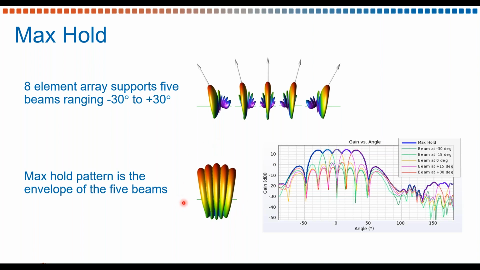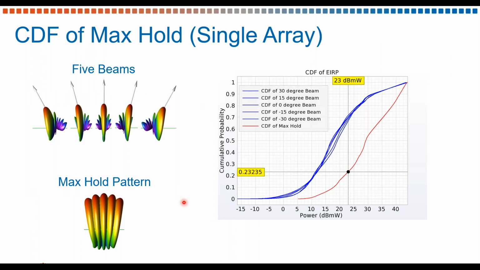Using the MaxHold, we can plot the second metric, the CDF of EIRP. So the CDF of MaxHold. This is nothing but a calculation which determines the peak EIRP level present at the maximum gain location of an antenna pattern, and also provides the possible coverage of the antenna for a given available power.